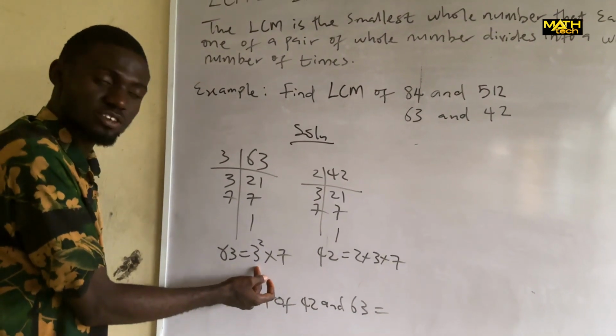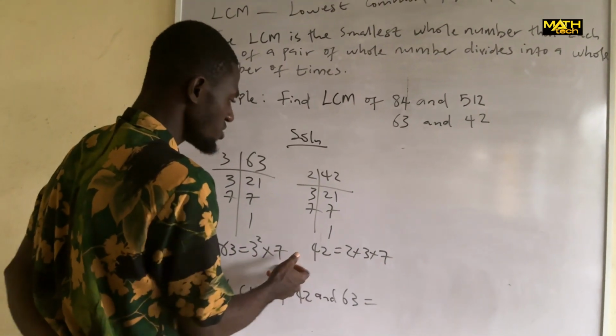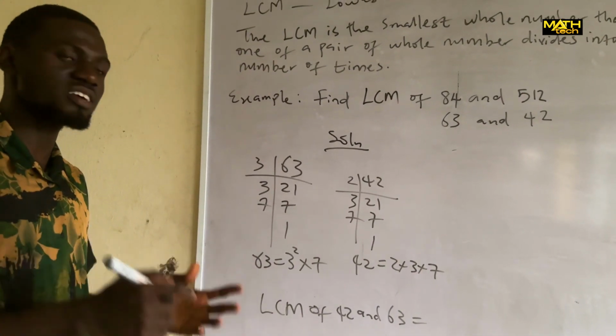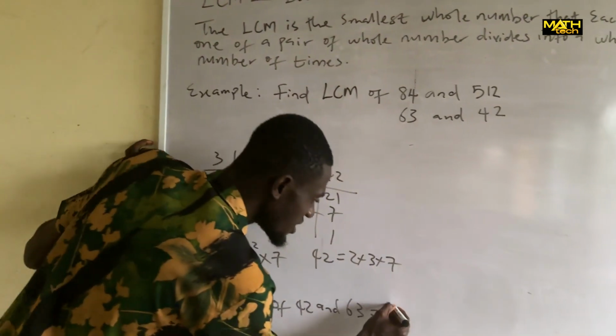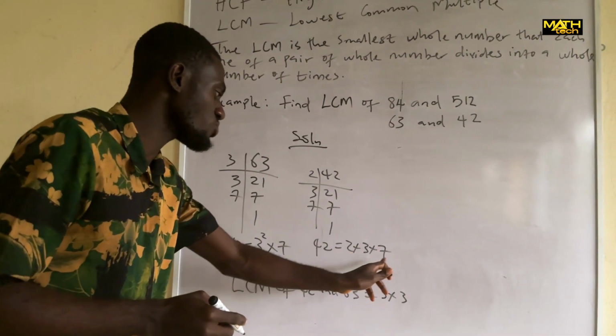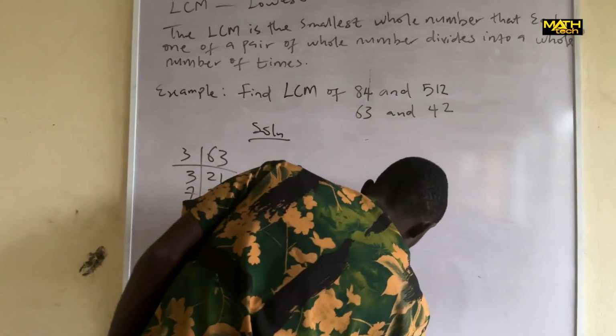Now, we are having 3 squared. 3 is common here and common here. 7 is common here and common here. But at this point, we are having 3 squared, that is 3 times 3. So let's pick 3 times 3. We are also having 2 and we are also having 7. Sorry, 2 is supposed to come before 3 times 3.